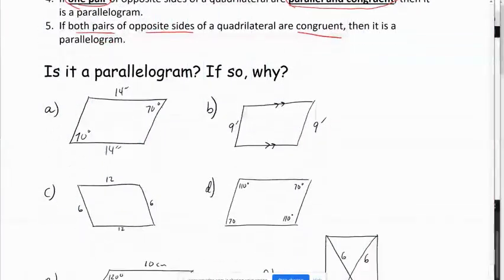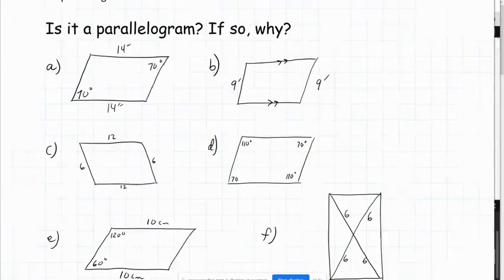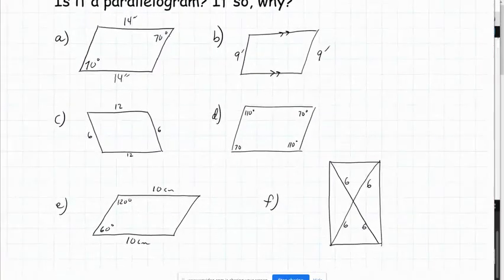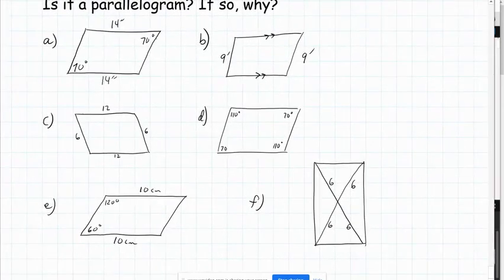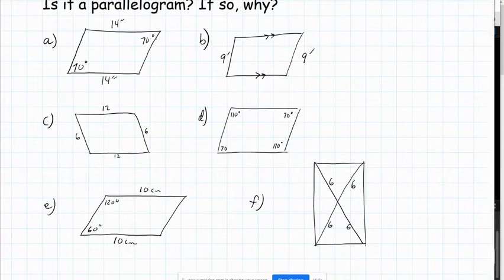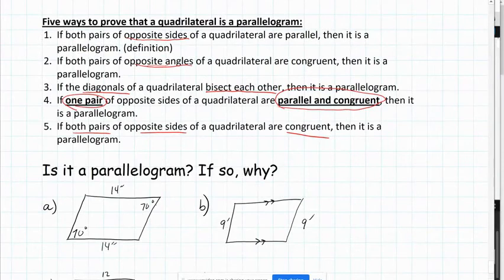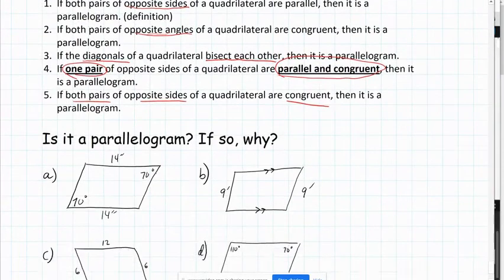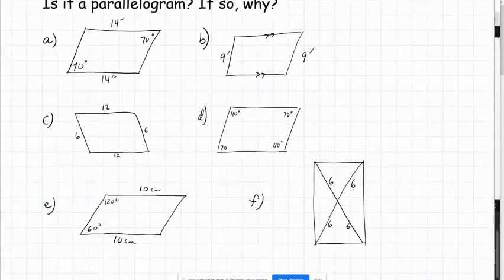Okay, so to get a little bit more practice, go ahead and pause your video and try problems A through F. And after each one, if you say it is a parallelogram, then tell which reason. So you can say by reason 1, reason 2, reason 3, reason 4, or reason 5. Okay, so pause your video, try those out, and then press play when you're ready to see the solution.